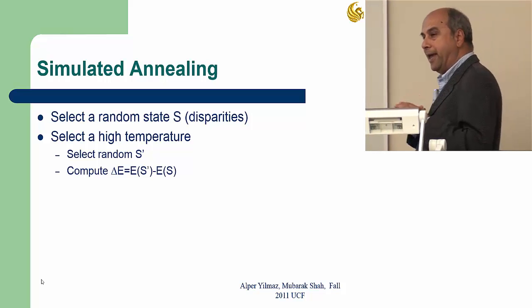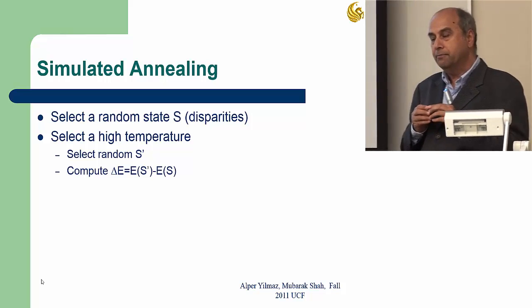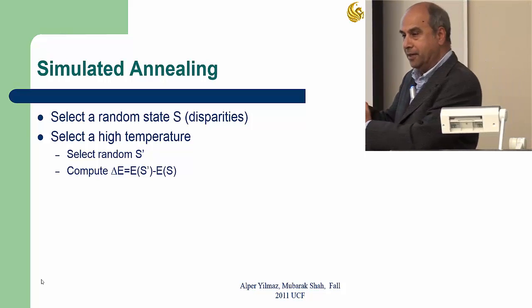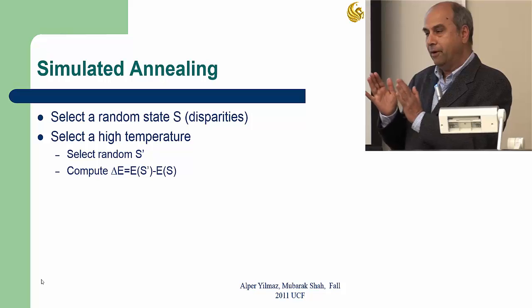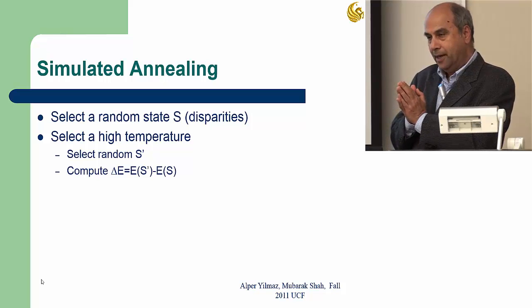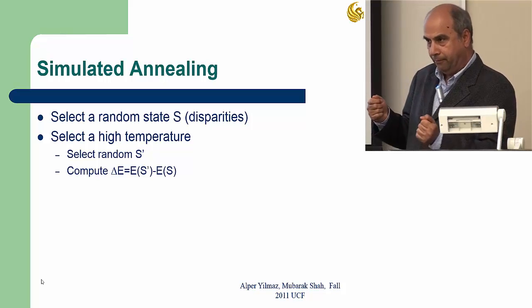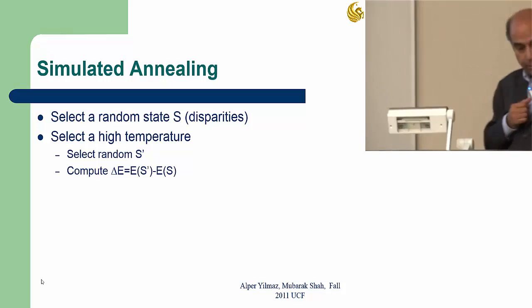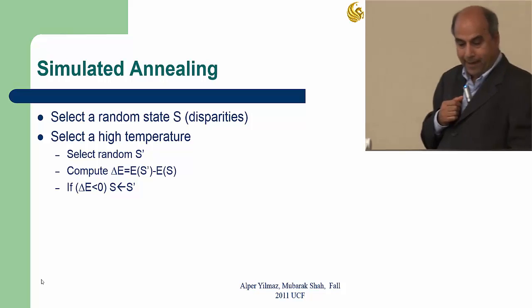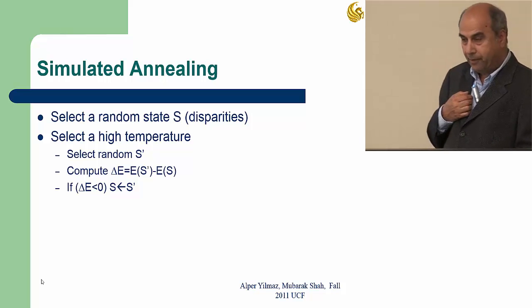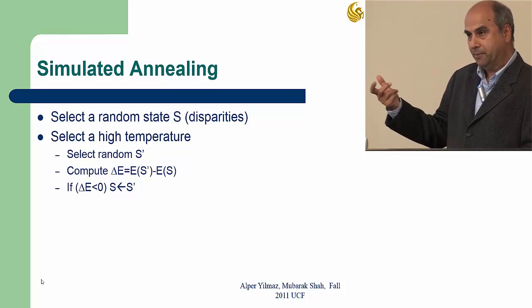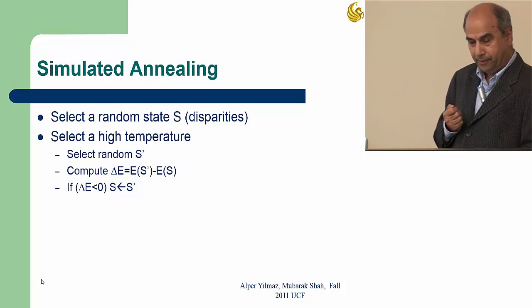We compute the error, the energy between the first disparity and the second state. What's the difference? Energy went down or energy went up? Both are random, so we don't know. So we look at the difference, and if the energy went down, then we take the next state, the S prime, which is the second state, which is a new disparity.